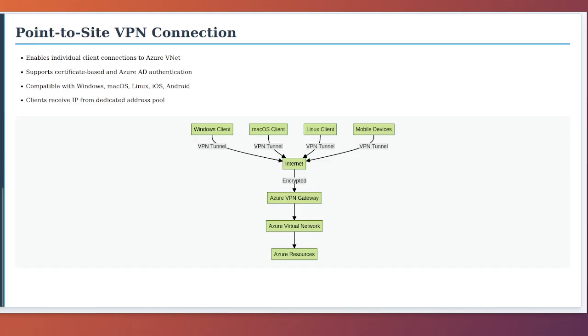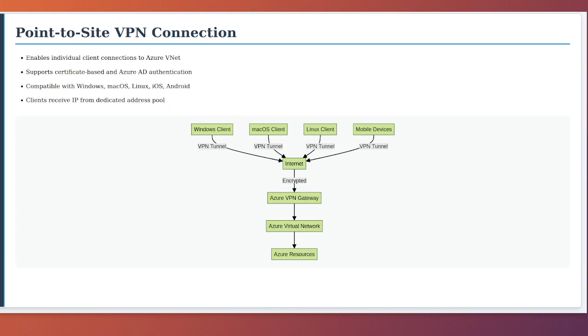When planning a point-to-site VPN deployment, you need to define an address pool specifically for VPN clients. This address pool must not overlap with your virtual network address space or your on-premises network address ranges.